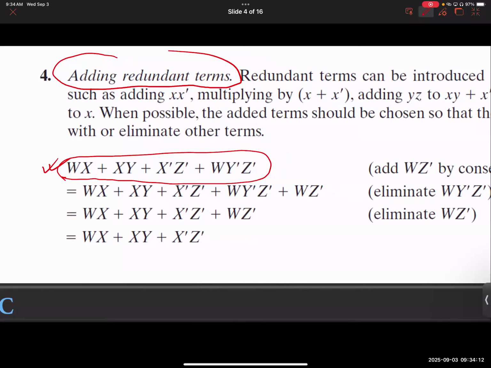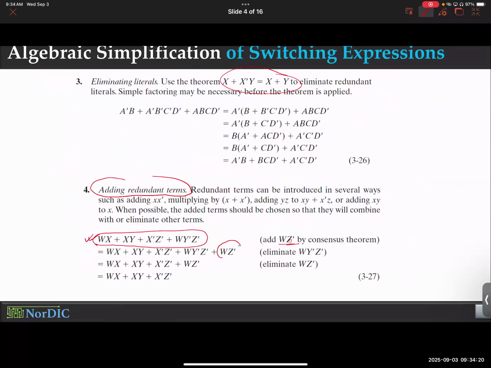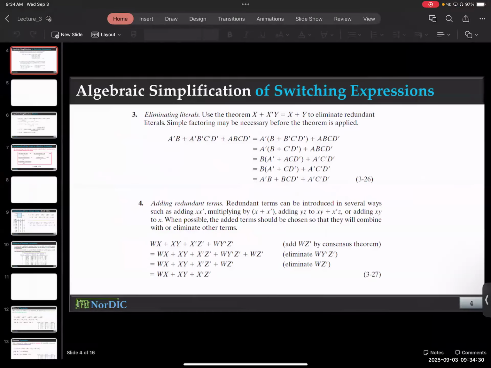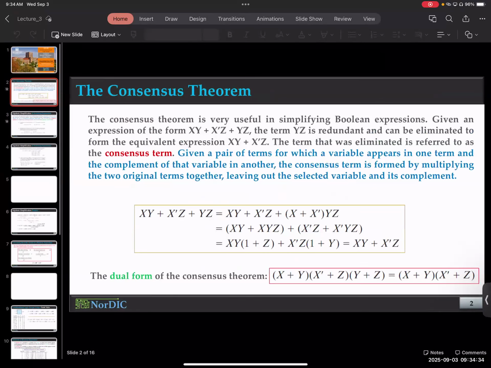So what we did here, and the side notes are also partly mentioned here, we just brought in an extra term, w z prime. You might be wondering, how can we just add a random extra term using consensus theorem? Remember, consensus theorem can go both ways. So let's go back to consensus theorem.